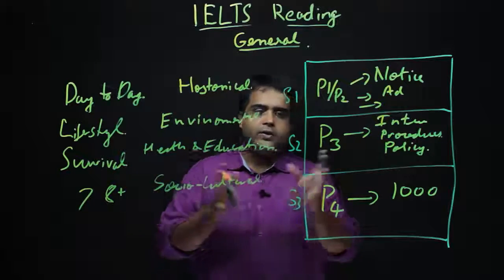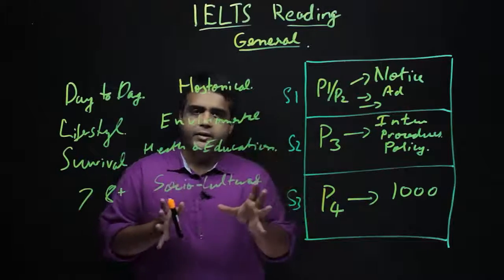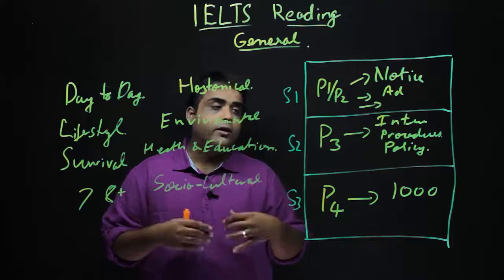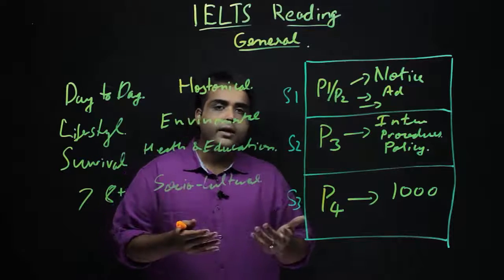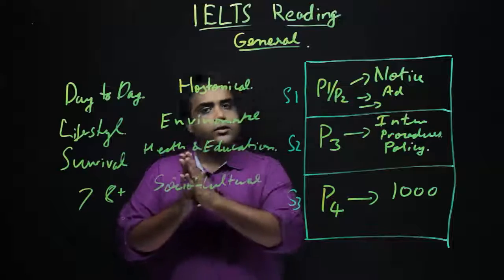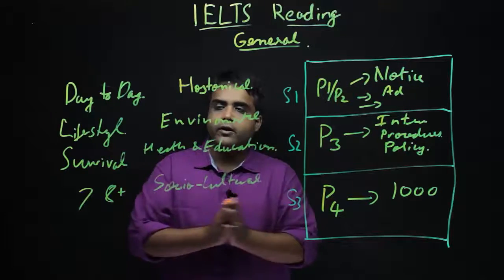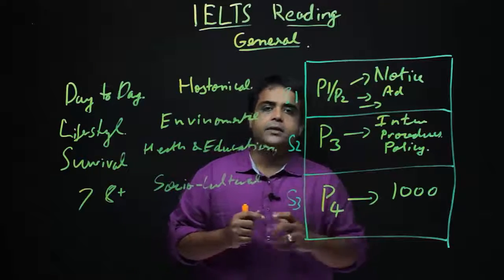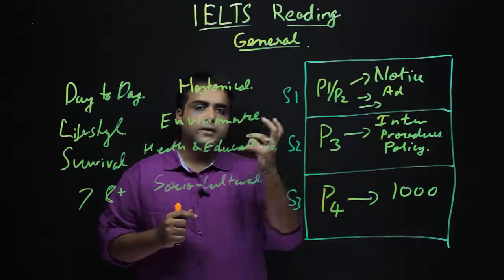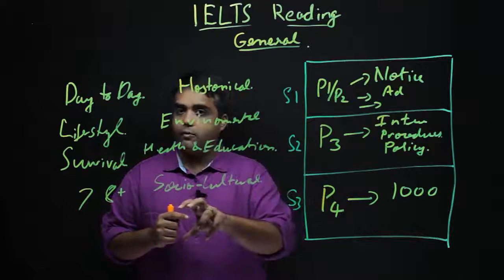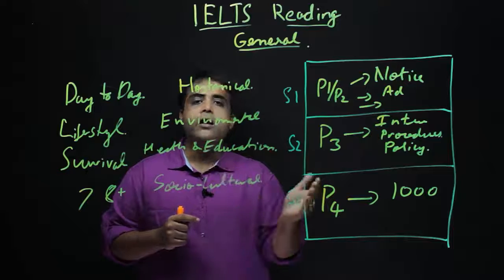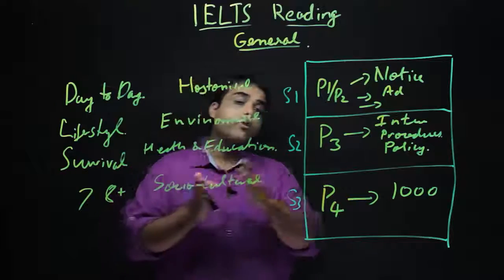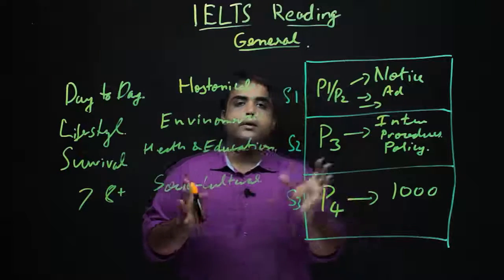If you have seen the pattern, you know what to expect in this test. What is important from here on is to understand what the challenges are and what skills are required. So now, after we have understood the pattern in detail, I will discuss the kind of challenges you will face and the kind of skills you will require. And then later on, one by one, we will cover how to develop all the skills that are required to tackle this paper.